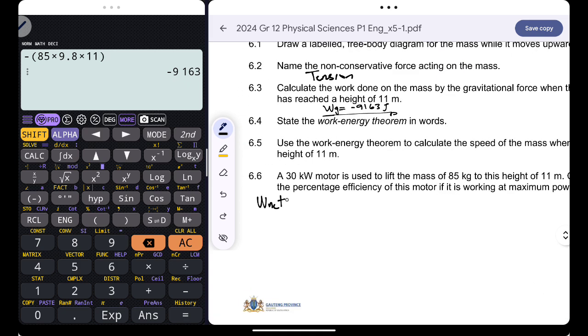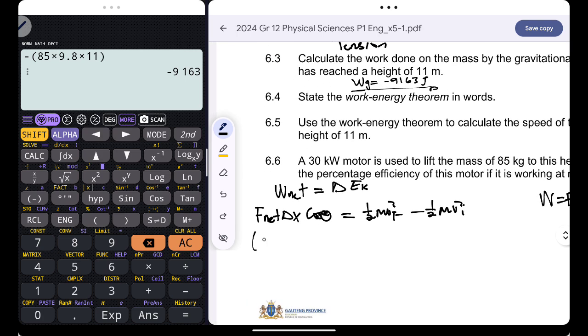Work net is equal to the object's change in kinetic energy. By definition, guys, remember that work is just equal to F delta x cos theta. Are you together? So in this case, I'll simply say F net delta x cos theta is equal to half mv squared final minus half mv squared initial.